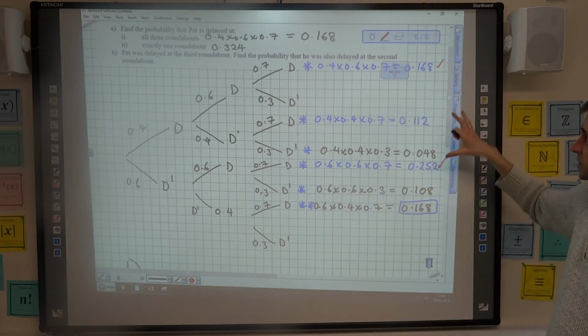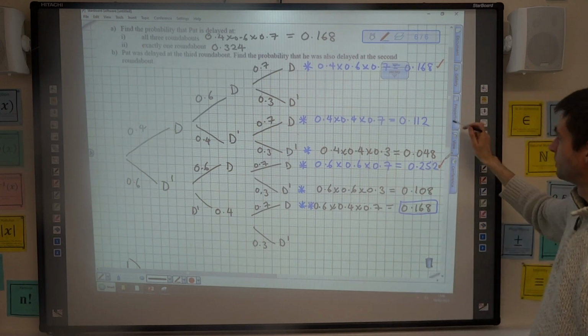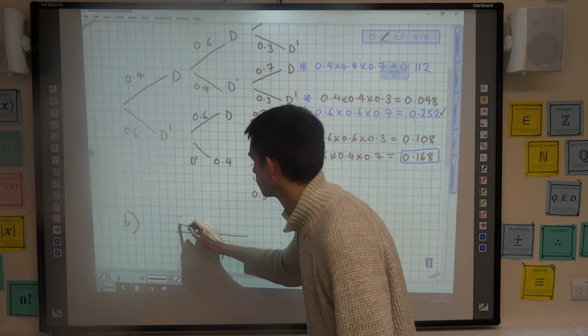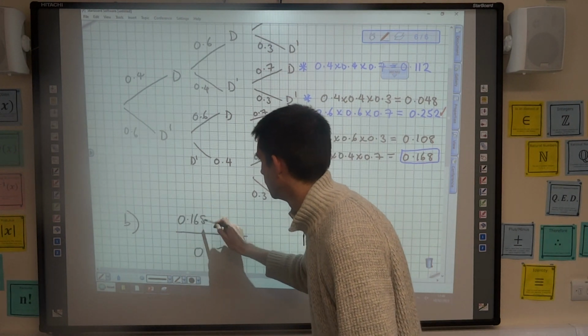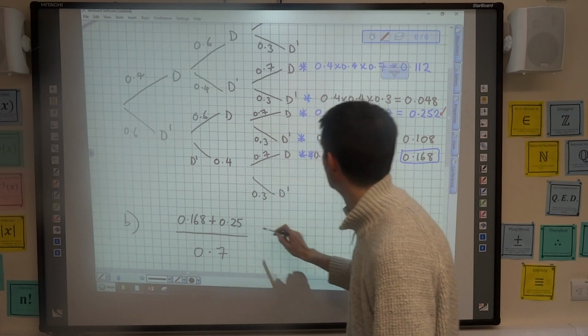So on our numerator, we want the two outcomes where he was also delayed at the second roundabout, which is the 0.168 plus the 0.252.